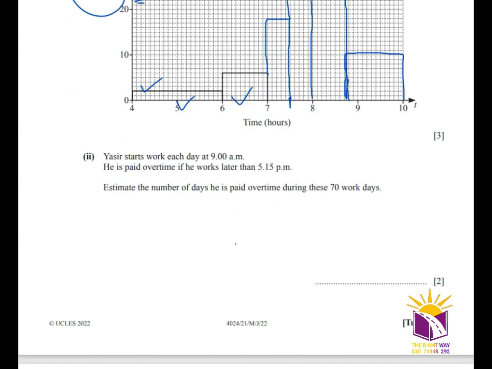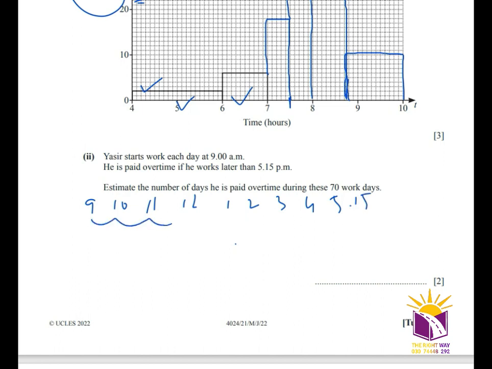Yasir starts work each day at 9 a.m. He is paid overtime if he works later than 5:15 p.m. Estimate the number of days he is paid overtime during these 70 days. From 9 to 5:15, you can calculate either 9 to 10, 11, 12, 1, 2, 3, 4, 5, and 5:15.